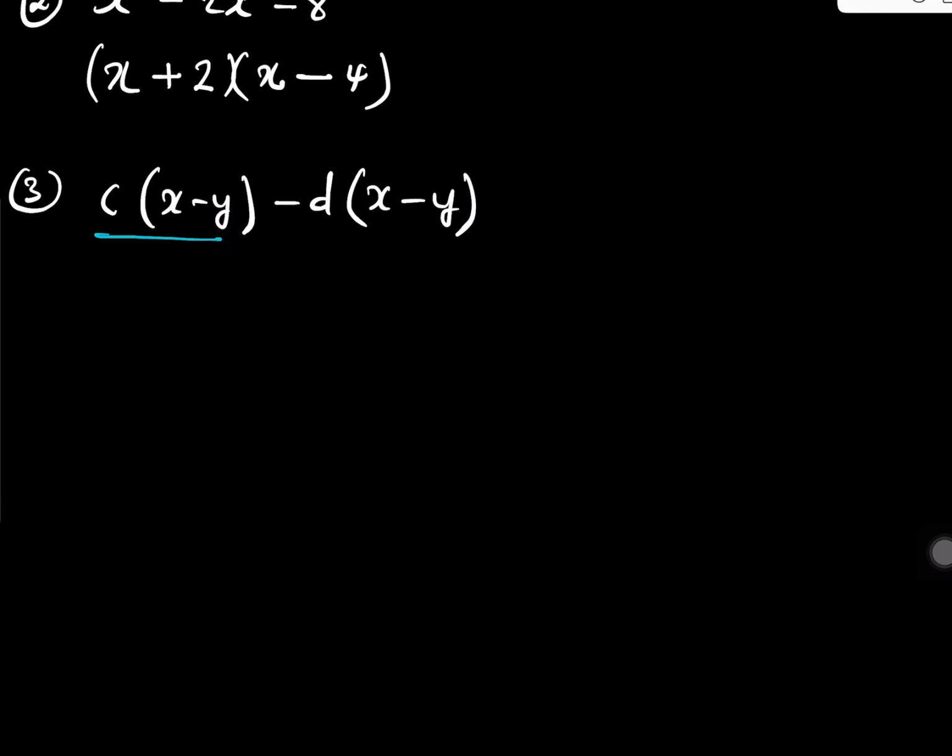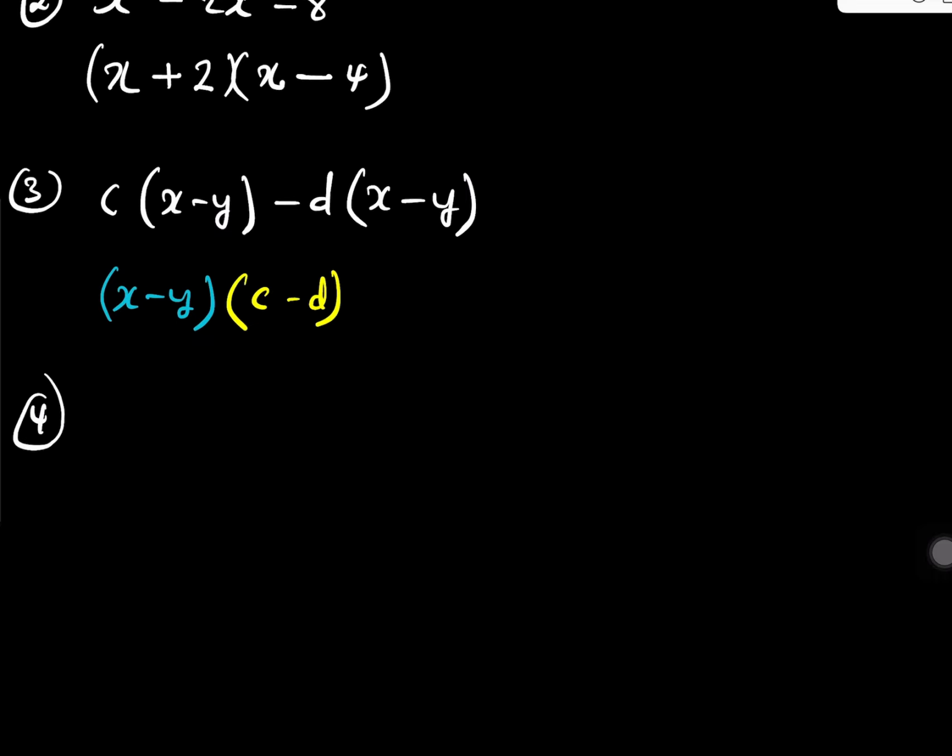So I take out that common term, which is x minus y. What are you left with? You are left with c here and minus d. So this is (x minus y)(c minus d). That's how you factorize this. It's not difficult at all.